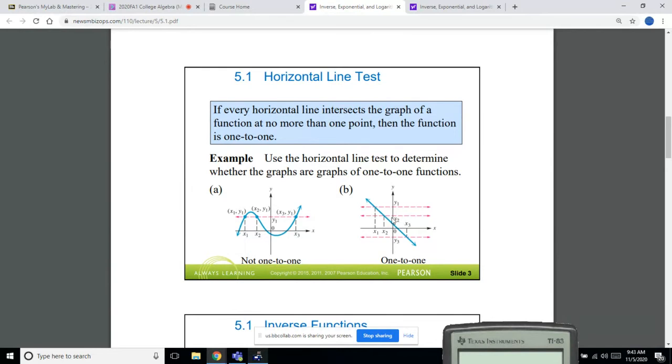If we look at y sub 2, it also intersects at no more than one point, as well as y sub 3. So for this second example, they just chose to draw 3 horizontal lines. Since it passes the horizontal line test, this graph is one-to-one. That means that this graph would have an inverse.